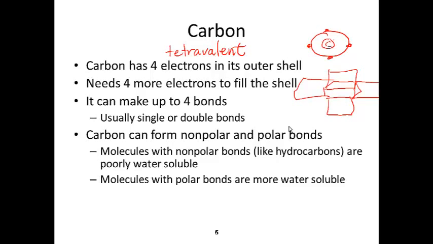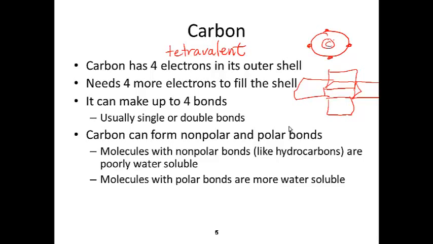You can't do that with hydrogen and its monovalent nature. You can't do that with oxygen because it's divalent. Even nitrogen is limited because it's only trivalent. Carbon is perfect because you have the ability to build on either side, all sides, creating a variety of shapes, which ultimately are going to create a variety of functional molecules.